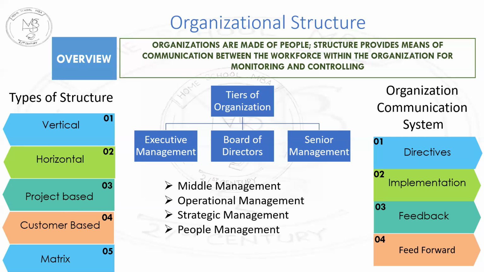Feed forward comes especially from the people management level, when they are interacting with the external environment, customers and clients, and they look at their requirements and needs and their suggestions, like we say 360-degree feedback.